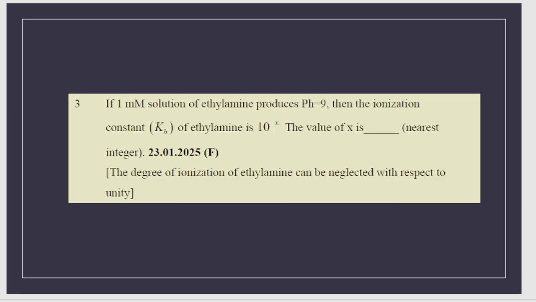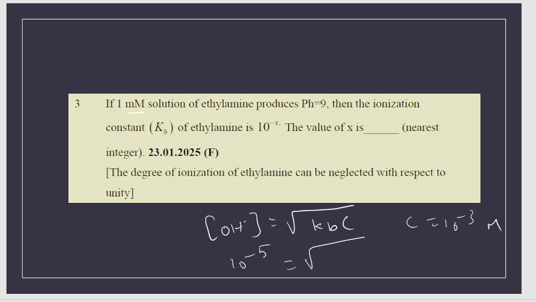How to calculate the Kb from OH minus ion concentration? The OH minus ion concentration is nothing but square root of Kb into C. Here C they have mentioned as 1 millimolar. So C is equal to 10 to the power of minus 3 molar, and OH minus concentration is 10 power minus 5 as discussed. That is equal to square root of Kb, which is 10 power minus x, into C, which is 10 power minus 3.